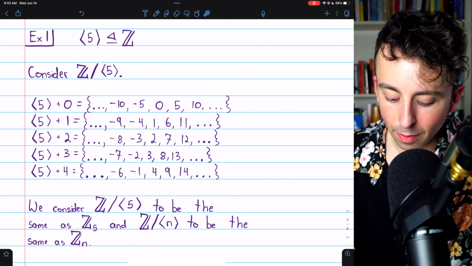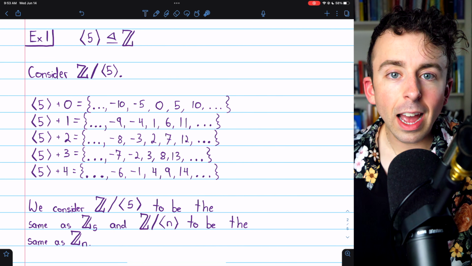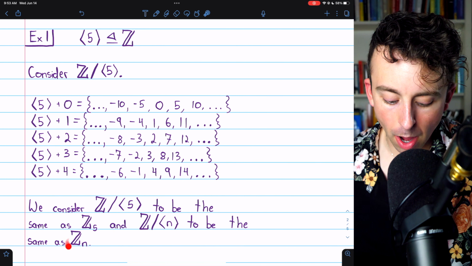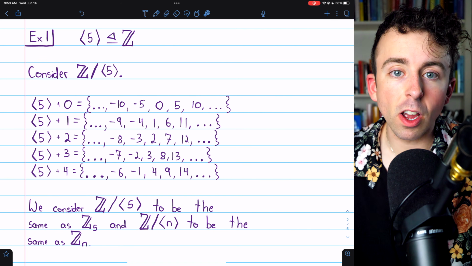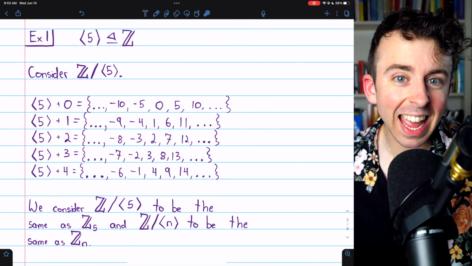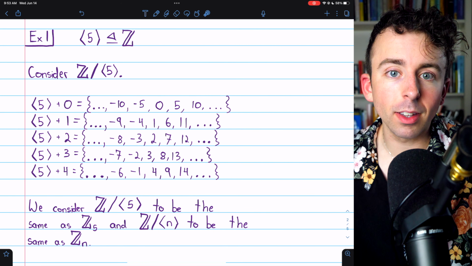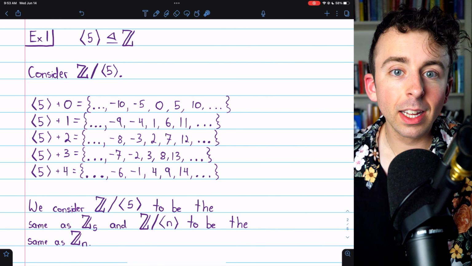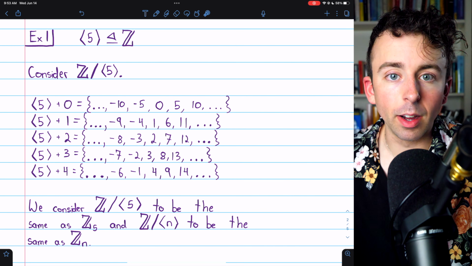So you can think of this class of quotient groups as being the rigorous way to construct the integers mod n. They're all really just quotient groups, which are again homomorphic images of the containing group. So the integers mod n, that's a homomorphic image of the integers.